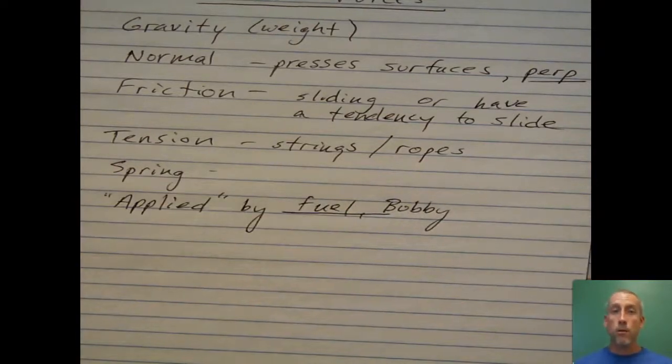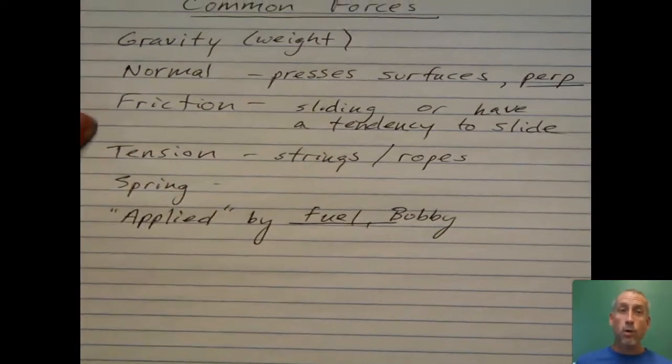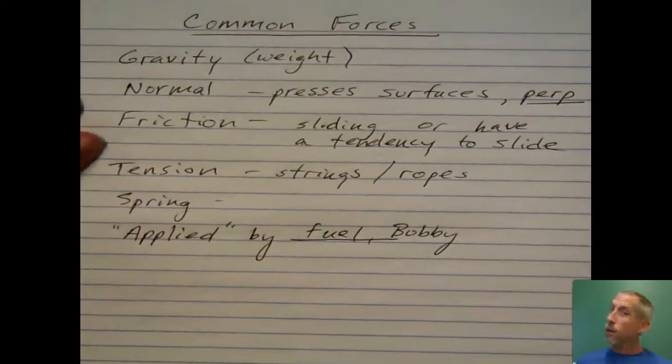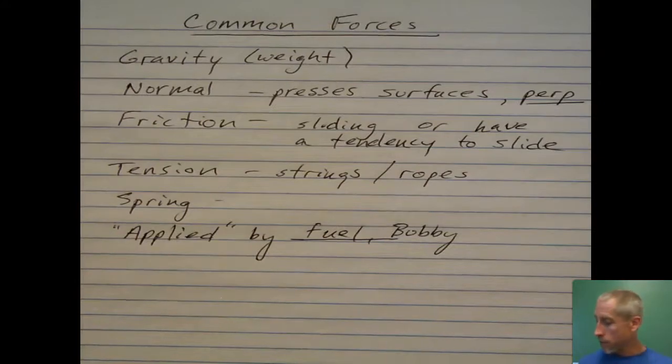So Bobby would be exerting that force. If you can't name an actual thing, a noun, that is pushing or pulling on your object, then it's probably not a force. So for example, you wouldn't say the force of the motion, because motion is not a thing that can push. You would not say the force of momentum or the force of inertia. None of those things are real objects that can push or pull, so don't name those as forces.